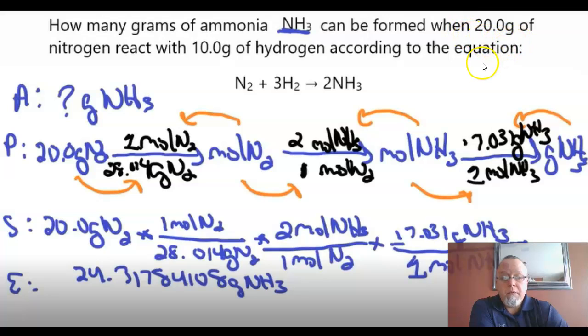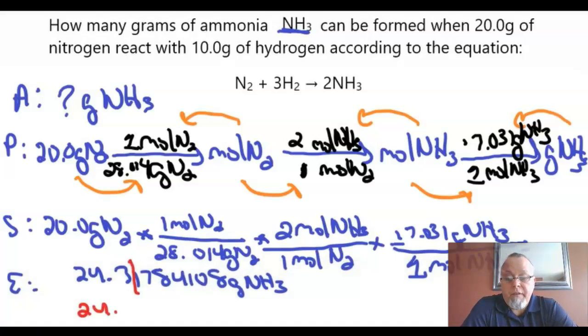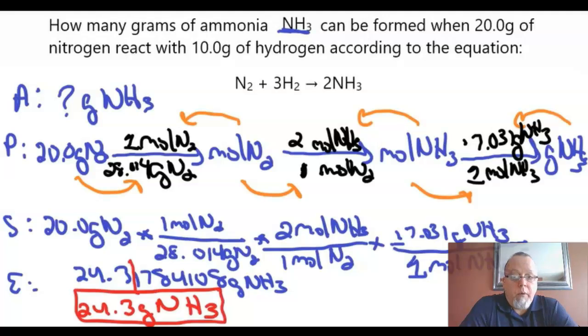That would be 3. So 1, 2, 3, draw our line. 1 is less than 5, so we would have 24.3 grams of NH3 produced if 20 grams of nitrogen react. That's our first step. We know that 20 grams of nitrogen will react and produce 24.3 grams of NH3.